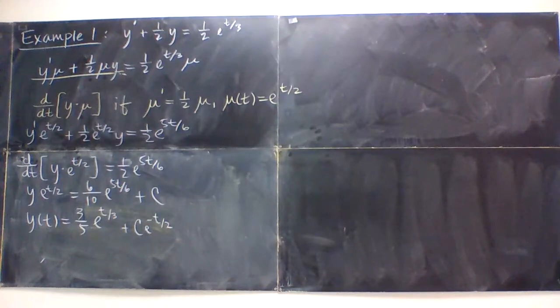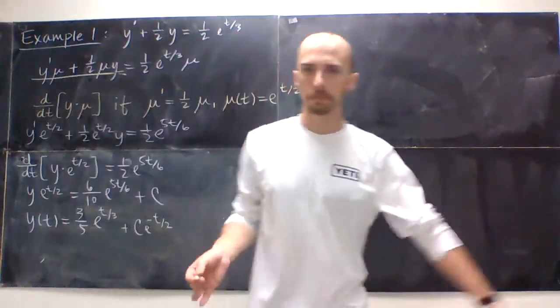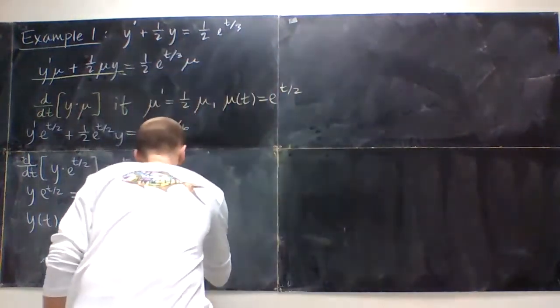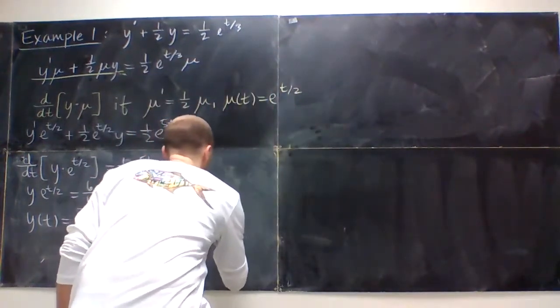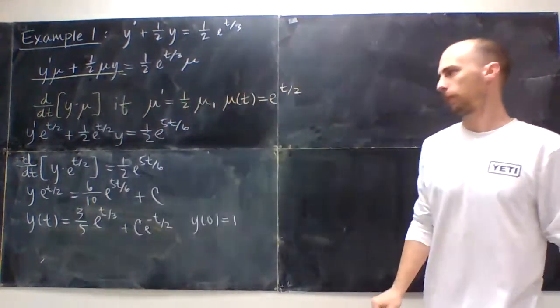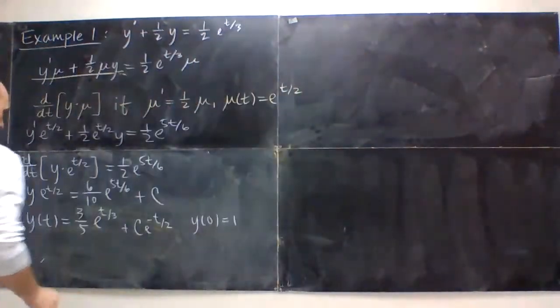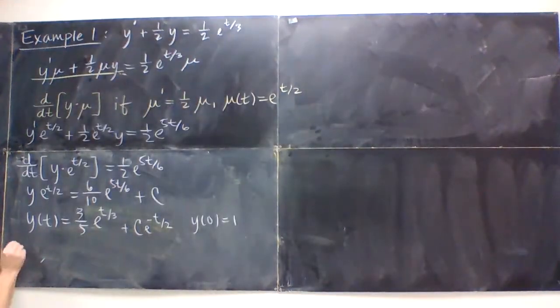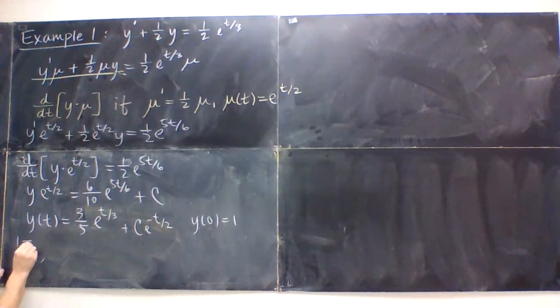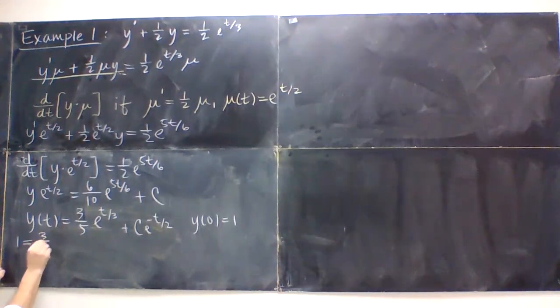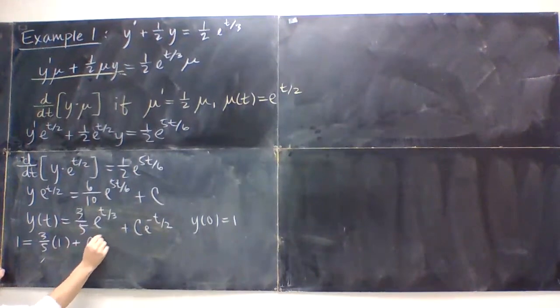Trying to remember, I think if we said, here, let me give you an initial condition. y of 0 equals 1. And so I'll plug in 0 for t, 1 for y. 1 is equal to 3/5 times e to the 0 plus c times e to the 0.